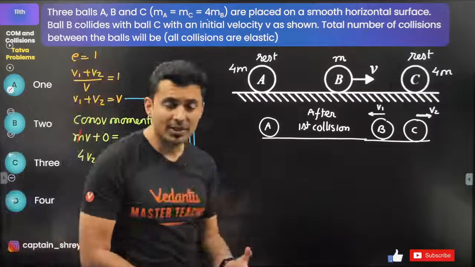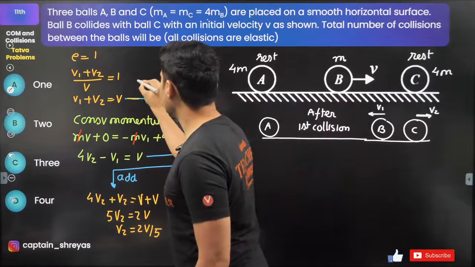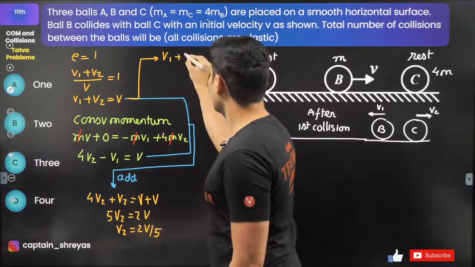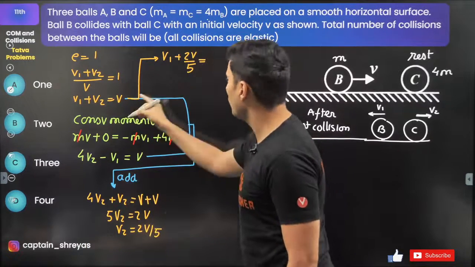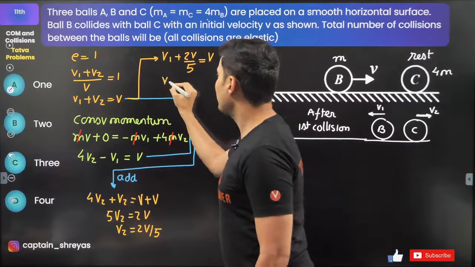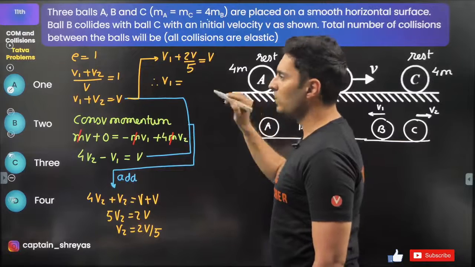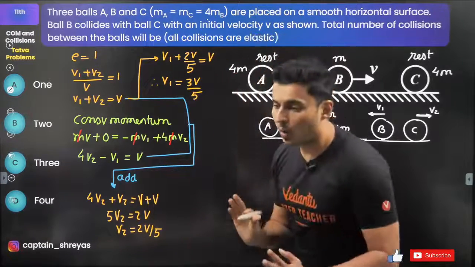From this, find V1. Using this equation, V1 plus 2V by 5 is equal to V, so V1 is V minus 2V by 5. 1 minus 2 by 5 is 3 by 5, so V1 is 3V by 5.